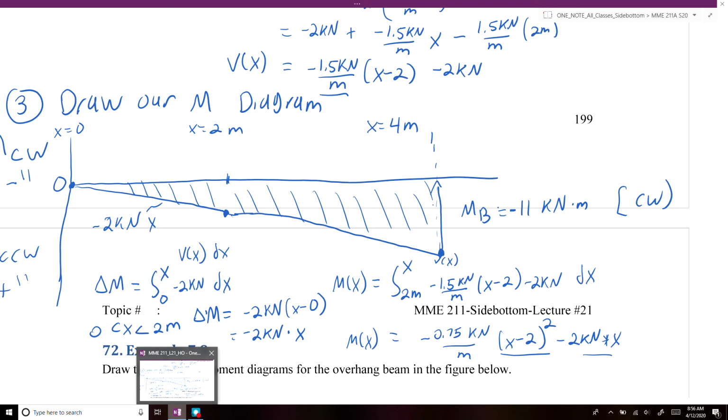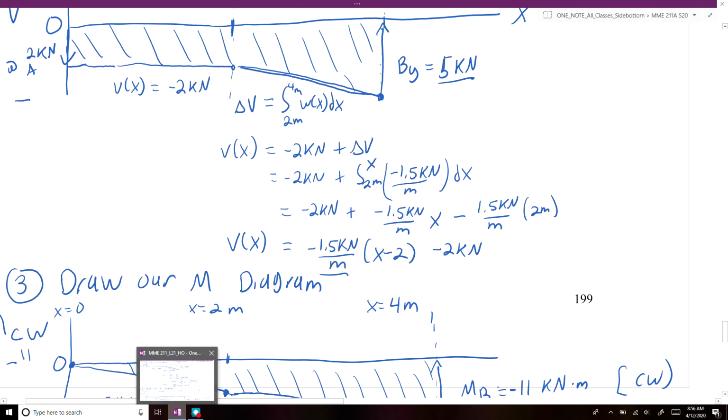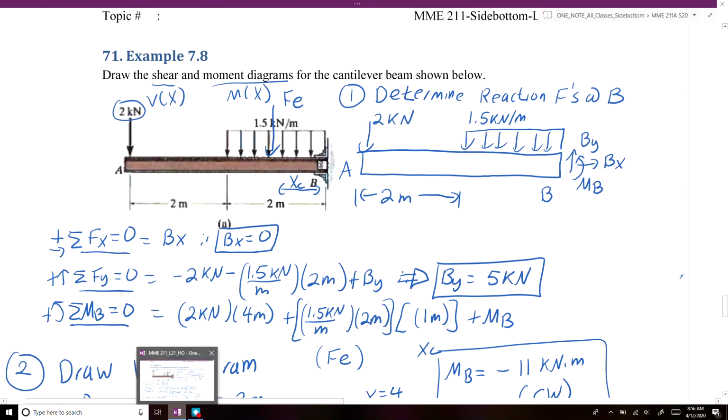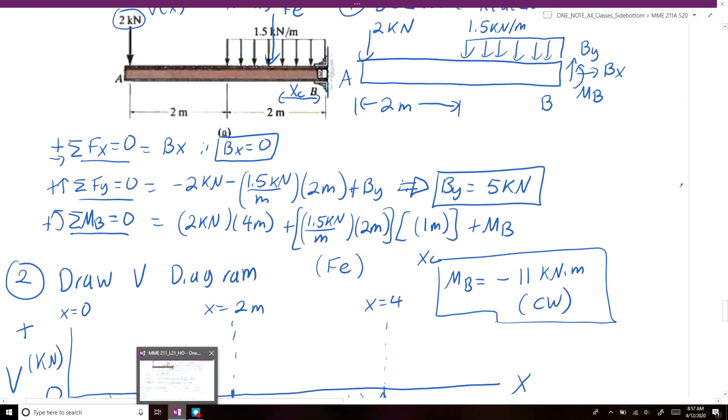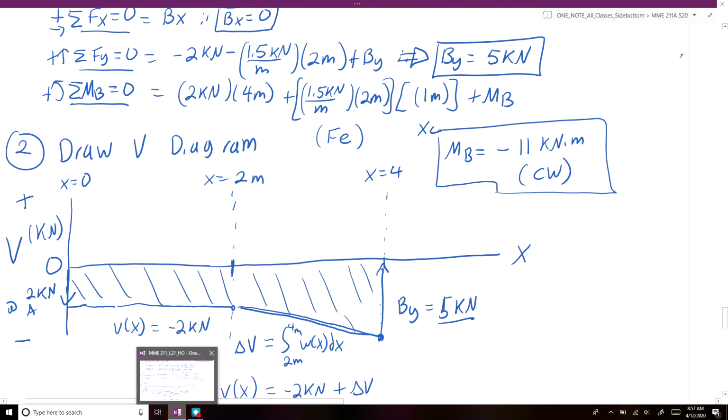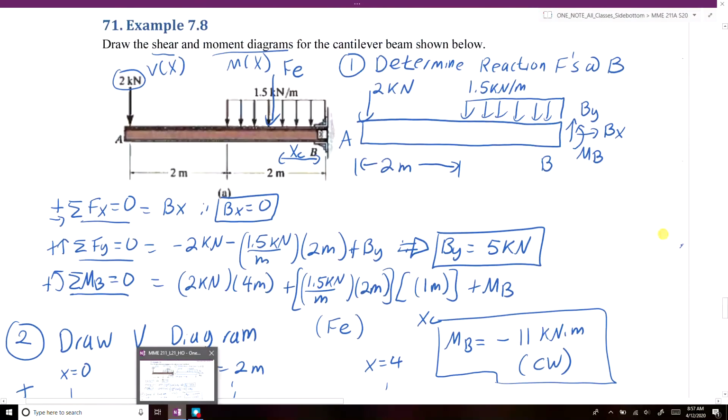So just to recap real quick, the first thing we did in this problem is we found the reaction forces at our supports. So point B is a fixed support, so we need to find B of y, B of x, and M of b using our equilibrium equations. Once we had all of our support reactions, we should be able to draw our shear diagram using our free body diagram with our known reaction forces.